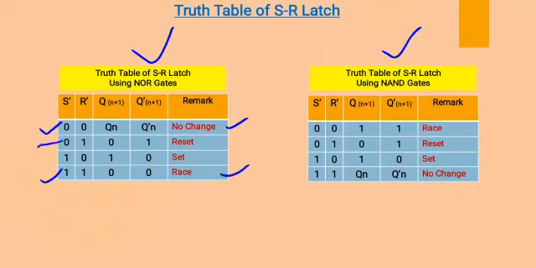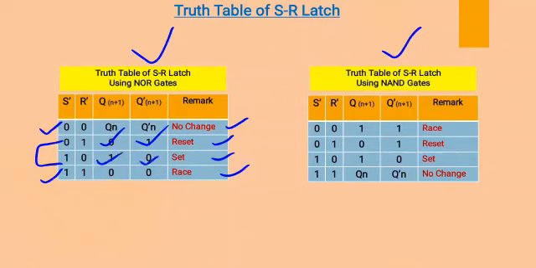After that, for S and R 0 1, the output is going to reset, and when S and R are 1 0, then the output is going to be in a set condition. For reset, Q will be 0 and Q complement will be 1, whereas for set Q will be 1 and Q complement will be 0.